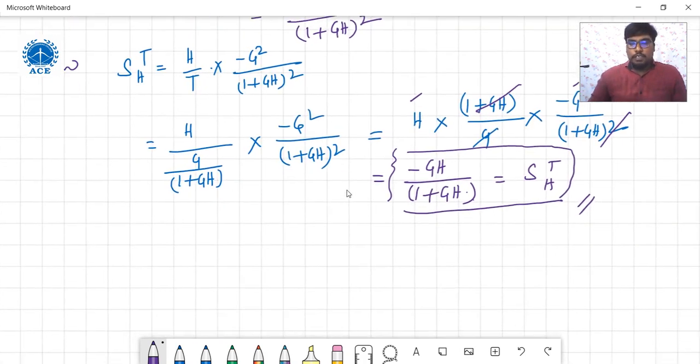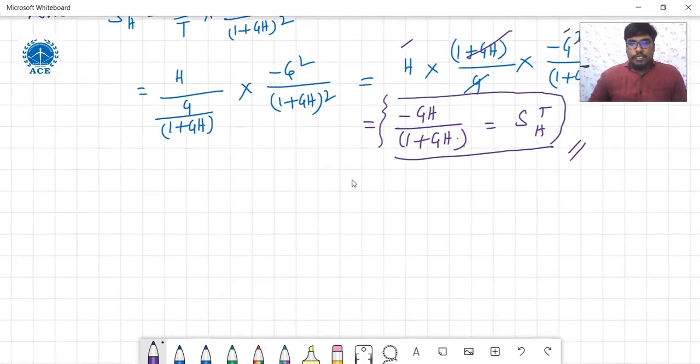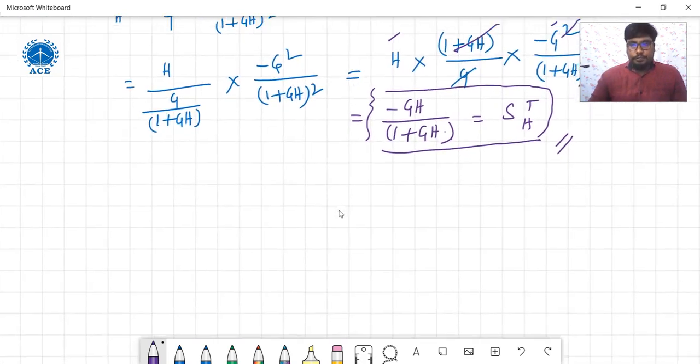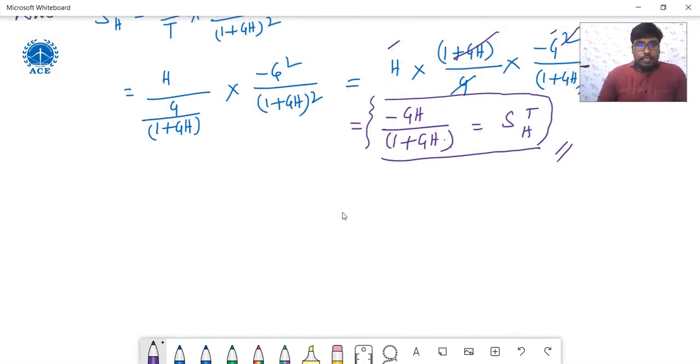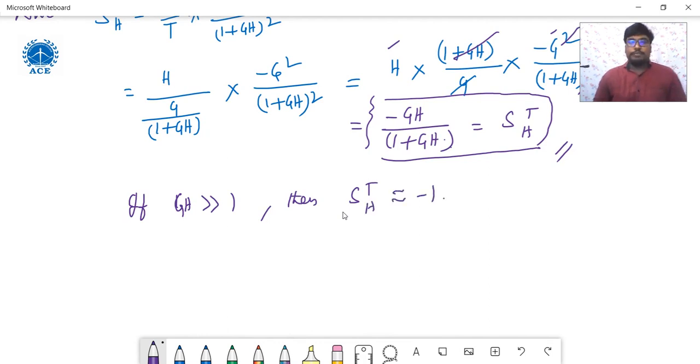Now we'll see this one, how will it affect. See here, if I consider the GH value is very much greater than 1, then what will happen? See here, the sensitivity of feedback is almost minus 1.